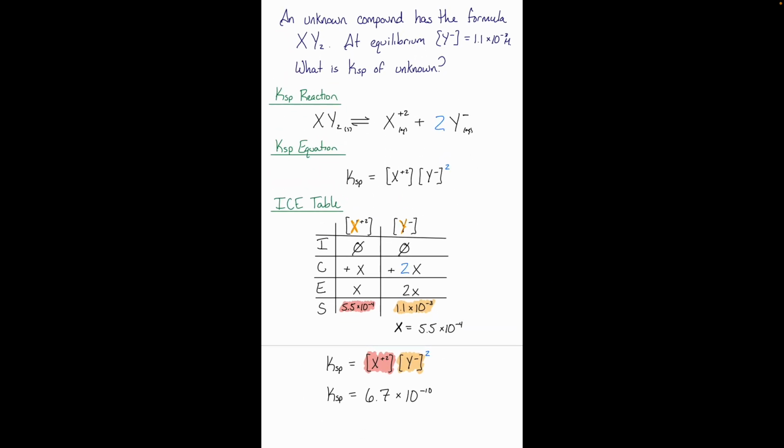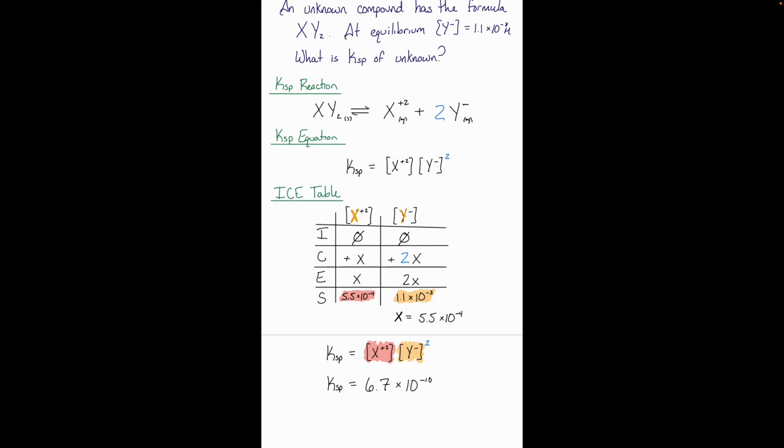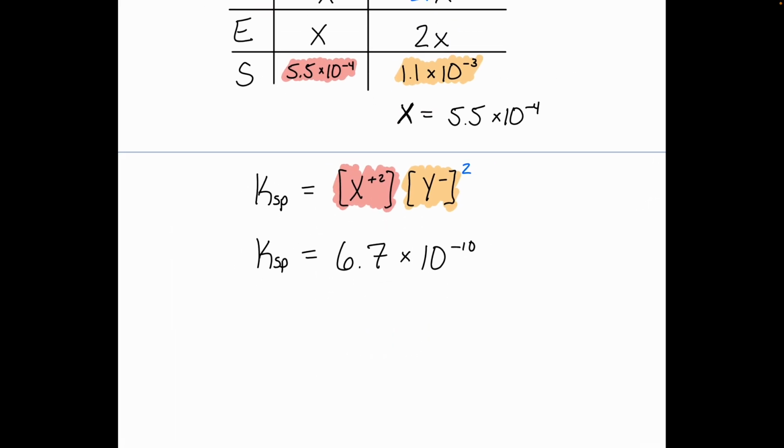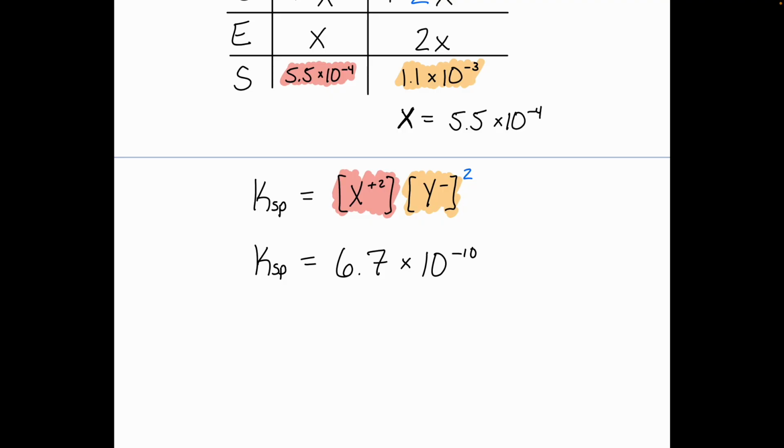What's up? I was just wondering, did you go for hydrogen in the calculator? Because all the KSPs you're getting are different. I'm making liberal use of parentheses. So for this, for example, what I typed in was 5.5 times 10 to the negative 4, and then I had to square this one here.